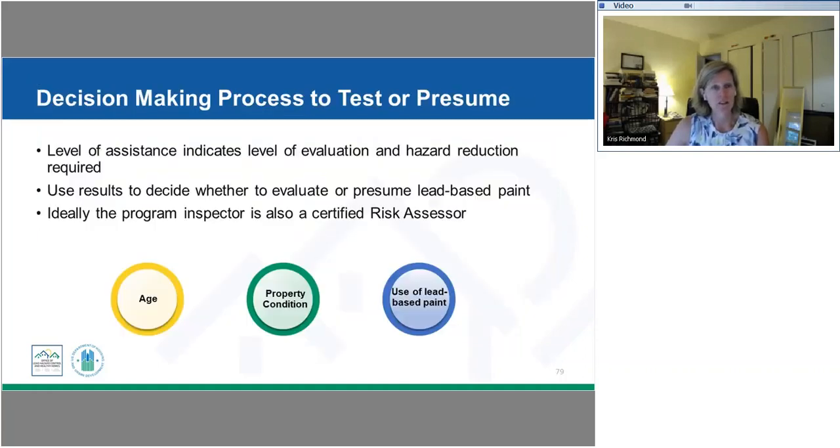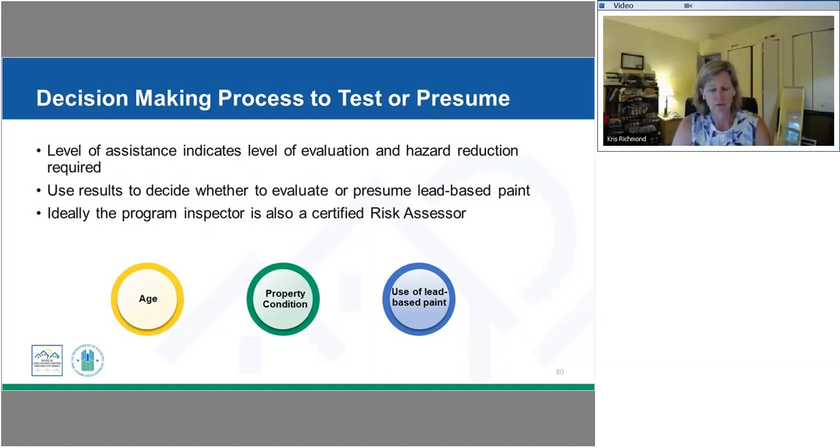So let's talk a little bit about whether to test or presume. Grantees need to decide if they want to test or presume the presence of lead-based paint. So you really need to think about the type of portfolio, the type of housing in your jurisdiction where you're working.